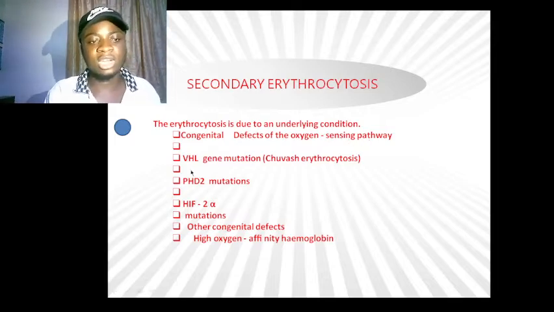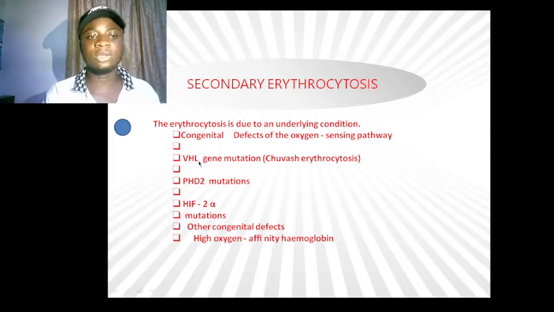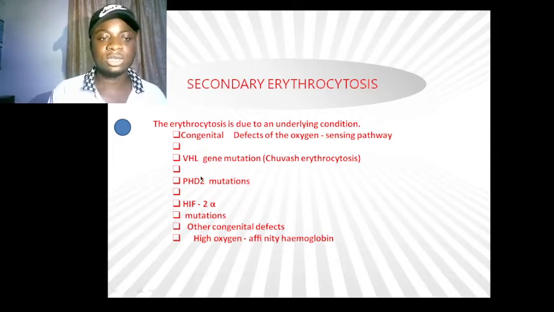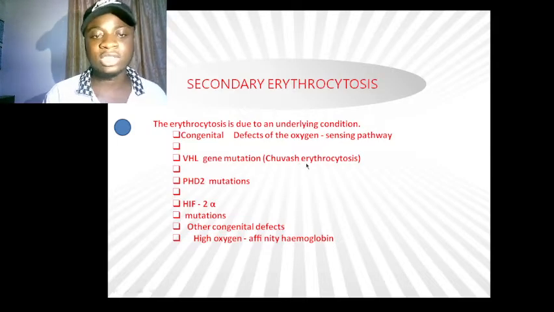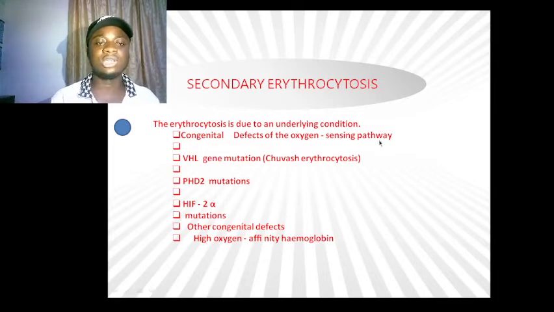Okay, it can be a gene mutation in VHL, von Hippel-Lindau protein, which I will talk about the function of, which leads to juvenile erythrocytosis. It can be as a result of PHD2 mutations, HIF2 alpha mutations, and other congenital defects. So all these defects can lead to secondary erythrocytosis.